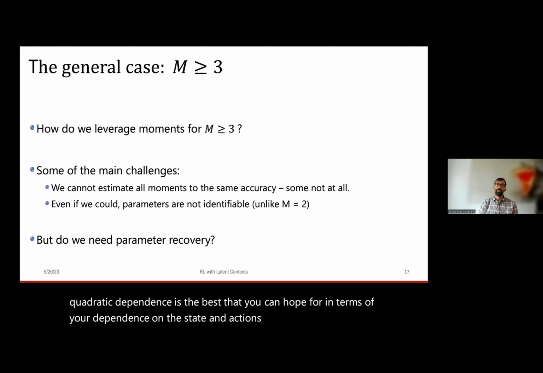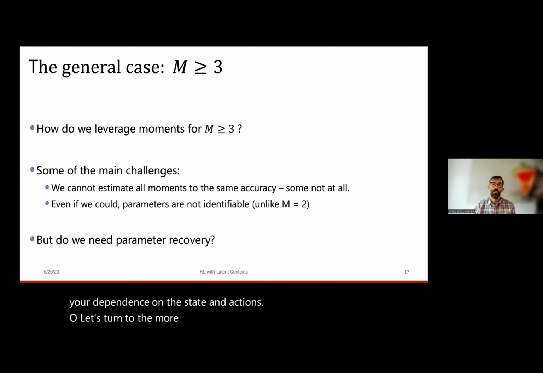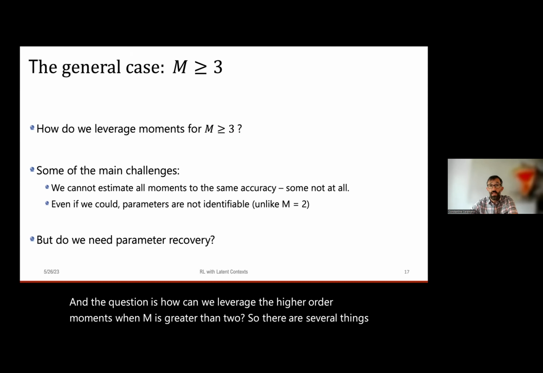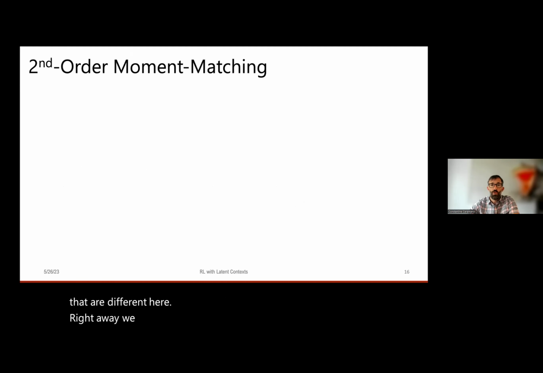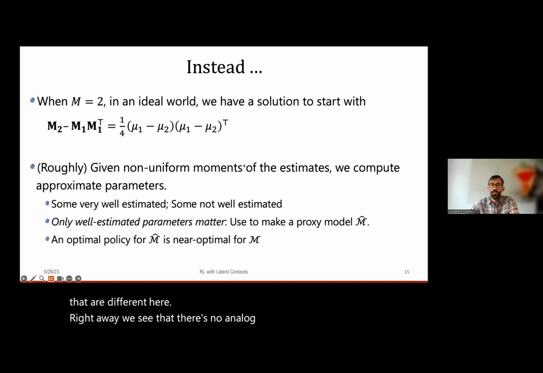So let's turn to the more general setting where you have many contexts, not just 2. And the question is, how can we leverage the higher order moments when m is greater than 2? There are several things that are different here. Right away, we see that there's no analog to this kind of equation.